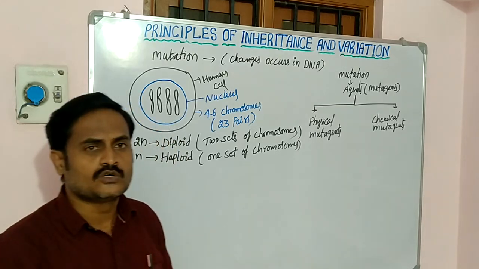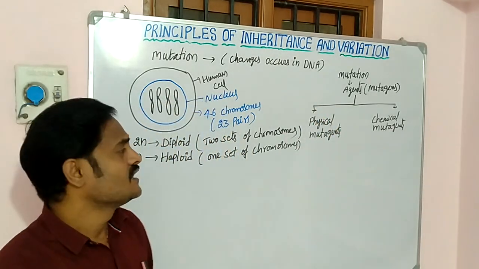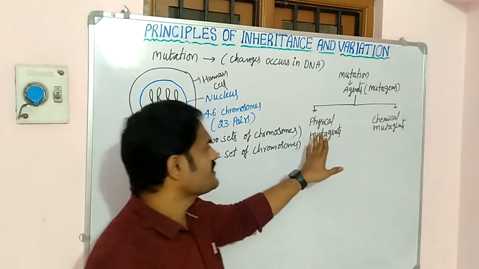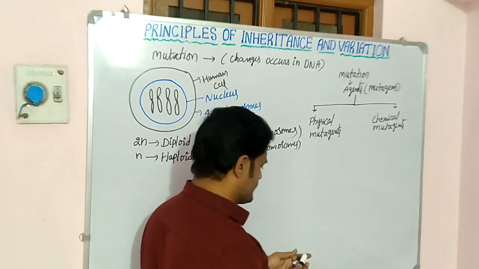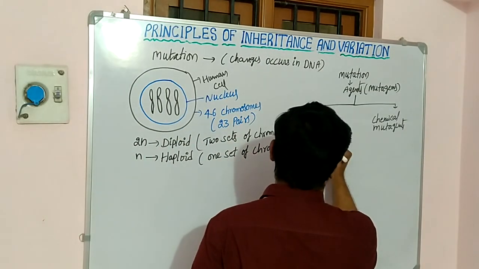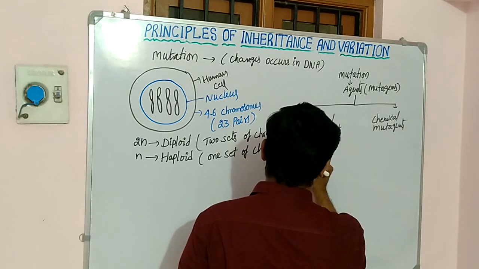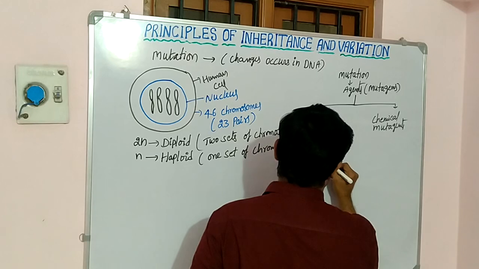Remember, these two types of mutagens are responsible for causing mutation in the cell. What are they? Physical agents and chemical agents. What are the examples of physical agents? Majorly UV rays and gamma rays.